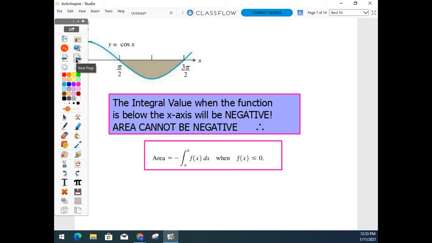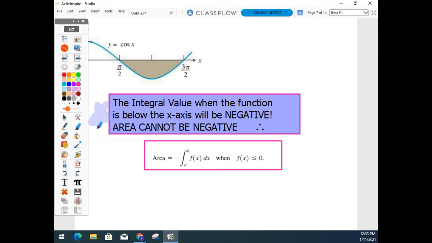Okay, so let's consider this part. This is really, really important. What we just talked about was for non-negative functions, but we know there are going to be graphs that are below the x-axis. We have tons of that everywhere, right?